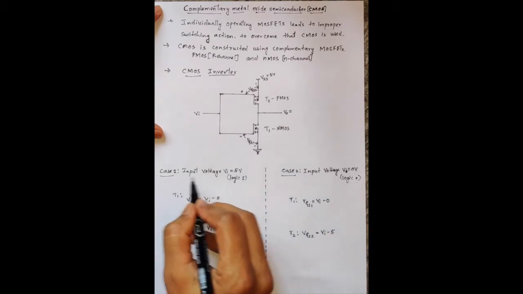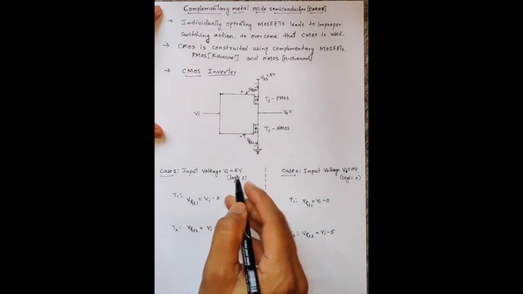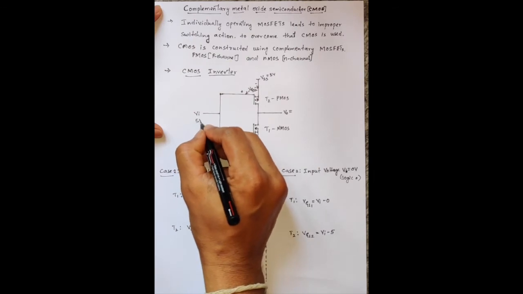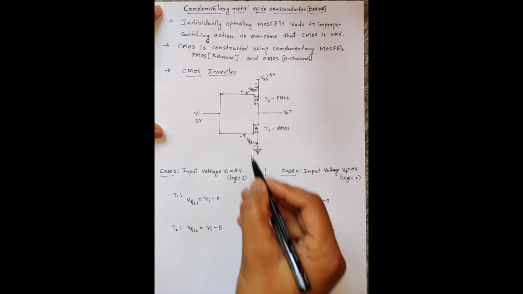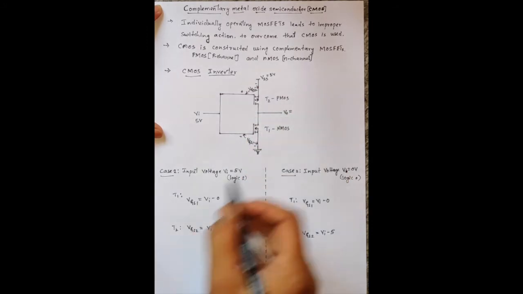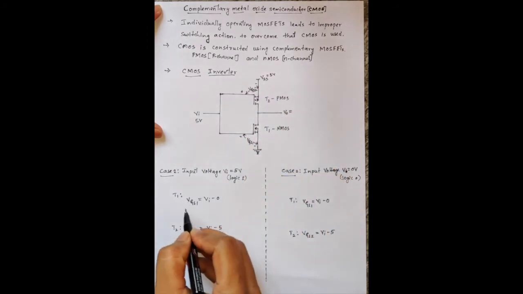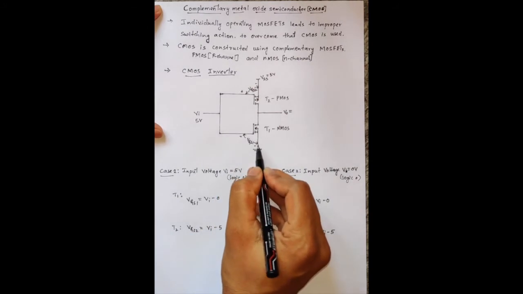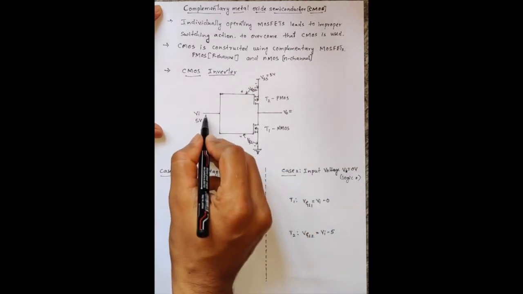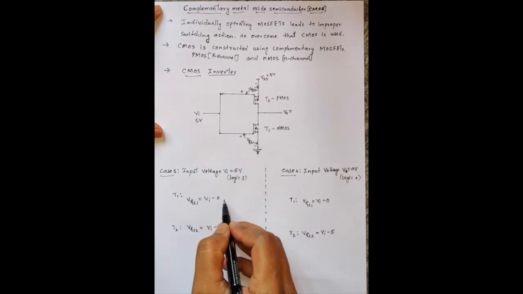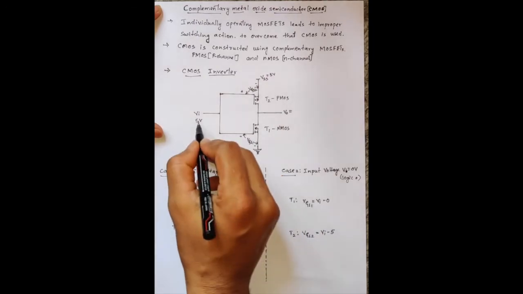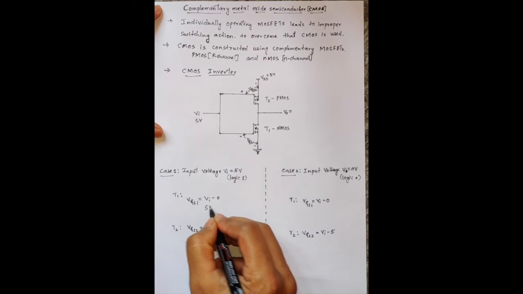First we'll see when the input is provided with 5 volts. Since the inputs for these transistors are VGS1 and VGS2, first we will take transistor 1's input, VGS1. This VGS1 is the potential difference of V in minus ground, that is V in minus 0, and we are providing 5 volts as V in, so 5 minus 0.